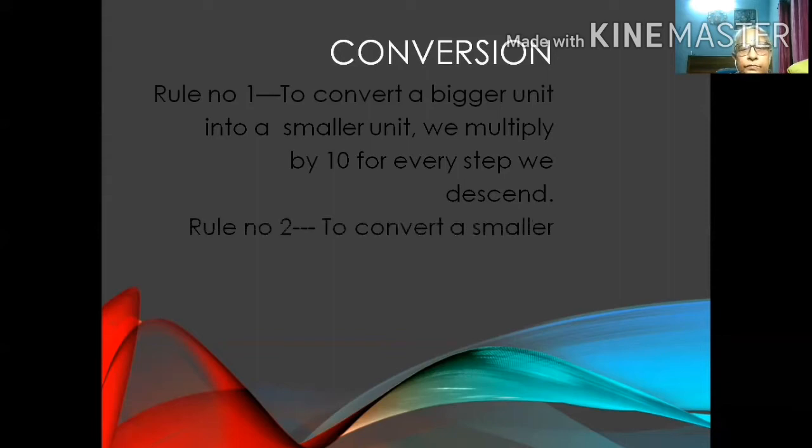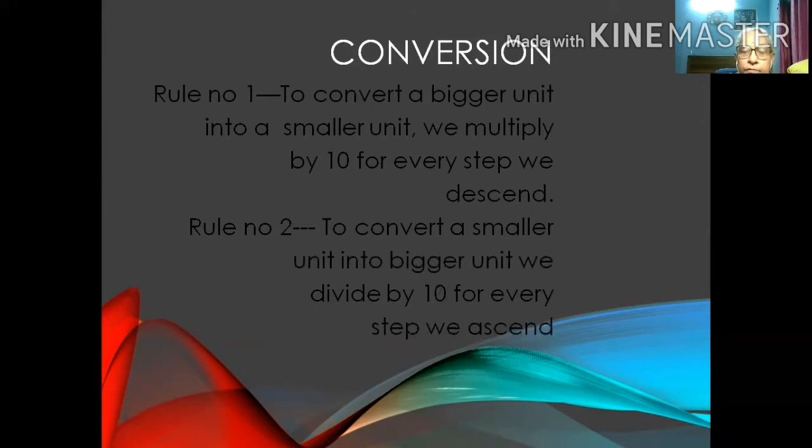Rule number two is to convert a smaller unit into a bigger unit. We divide by 10 for every step we ascend. That means from a smaller unit, that is from down to up, when you go up, go on dividing by 10.